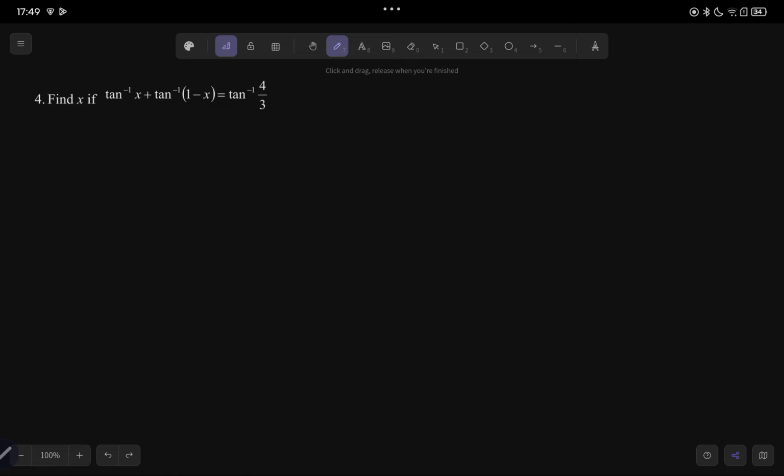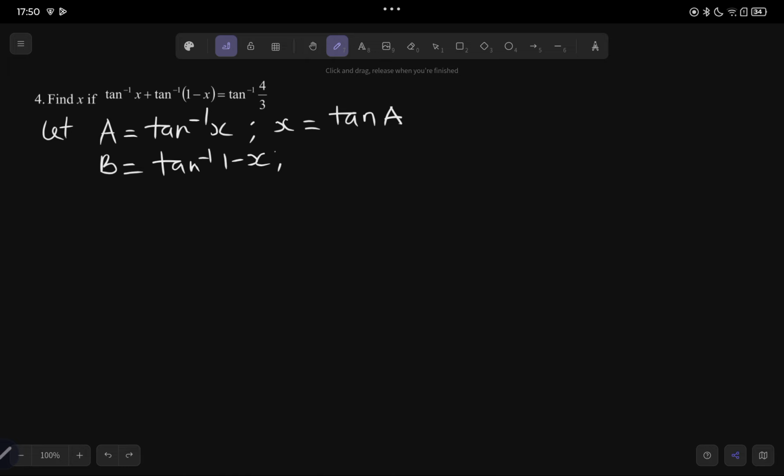We shall begin from the left and we let A to be tan inverse of x. So x becomes tan A. B to be tan inverse of 1 minus x, so that 1 minus x becomes tan B.